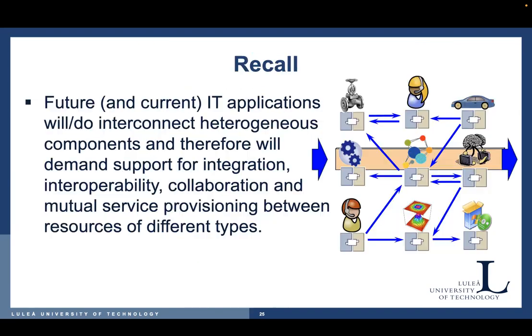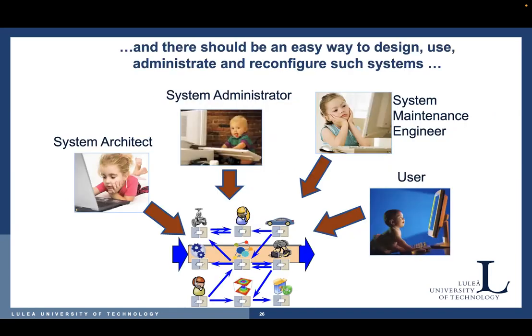And in these settings, we are talking about a need for some standardized way to enable this interoperability, so that this standardized way can be used by different actors, starting from users to engineers to administrators, etc., in some unified way to build this system, maintain the system, and use this system.